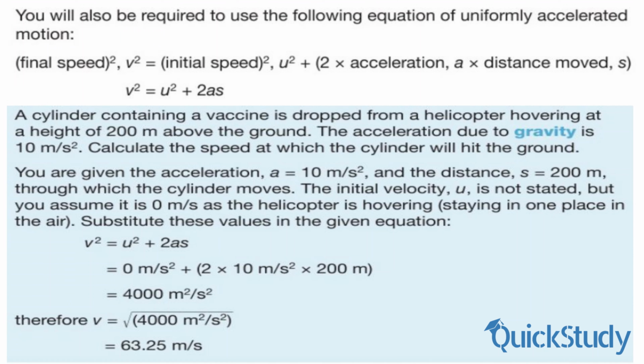We will need to learn about another equation which links speed, acceleration and distance. The equation is final speed squared is equal to initial speed squared plus 2 times acceleration times distance. Shortly it would be v² = u² + 2as.